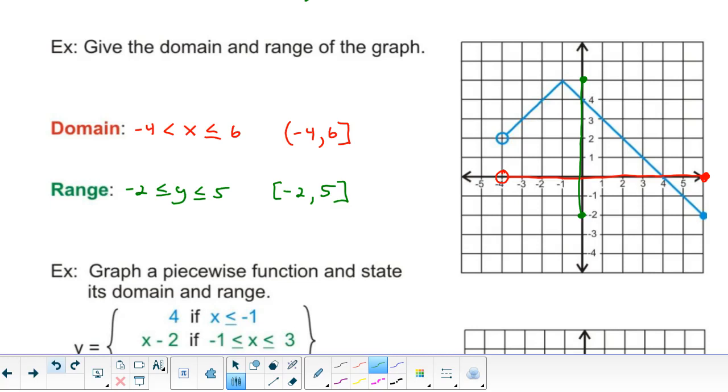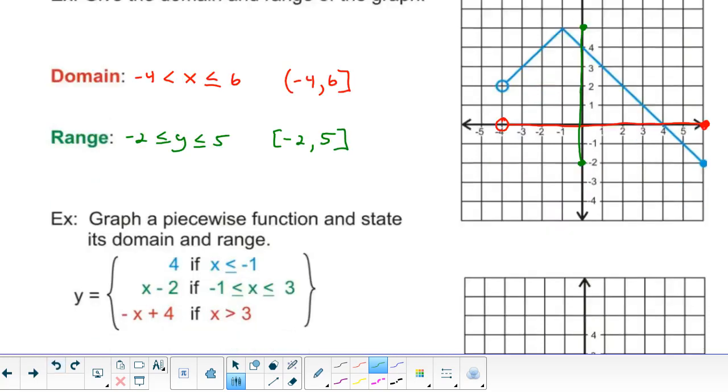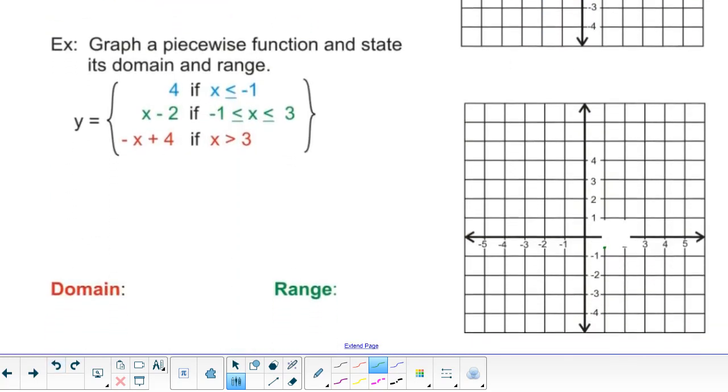So interval form. Domain and range. It is an important aspect of this chapter. We're going to use it more and more and more throughout the course. So now's the time to really get a handle on figuring out domain and ranges. You're looking for where the function appears. Domain for the given x values and range for the given y values. All right, I hope that helps with doing it, marking the axis.